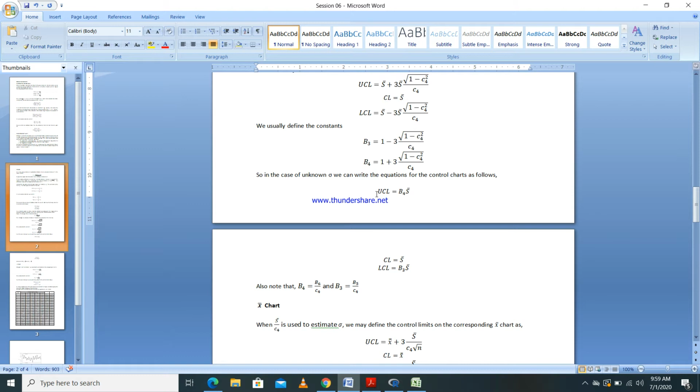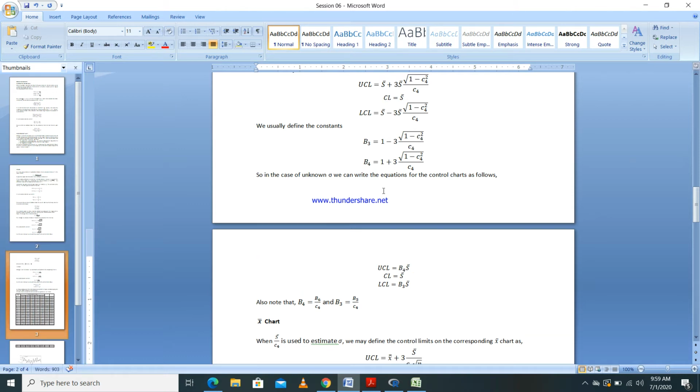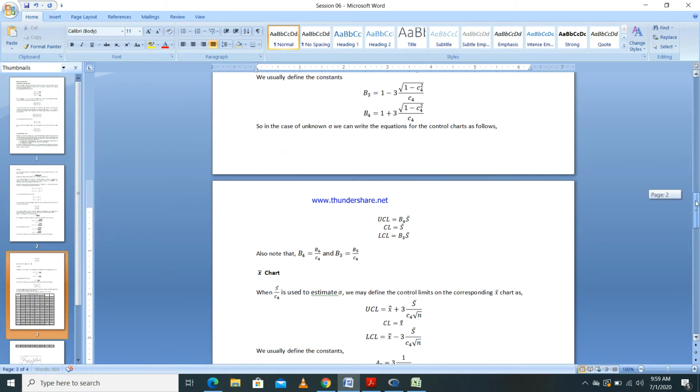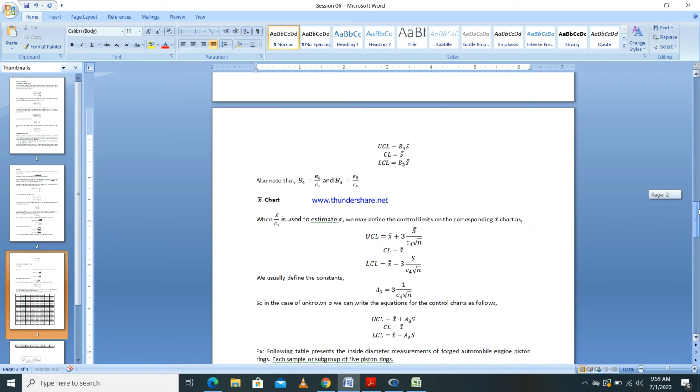I'll take this into the next page. So when the population standard deviation is unknown, and you are constructing the S chart, you have the center line as S bar, the upper control limit as B4 times S bar, and the lower control limit as B3 times S bar.